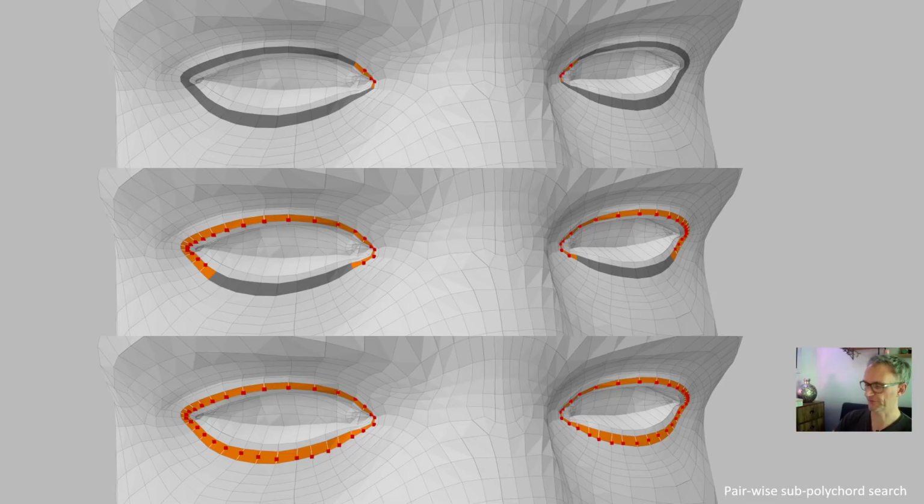So we just generalized our previous algorithm, which was for a single polychord, by just doing the obvious thing and finding first a pair of seed subpolychords of a fixed length, the cheapest area in each of the polychords, and then growing those seed subpolychords incrementally in the same way by adding or removing an edge at either end. And we can do that to both polychords or just the one, whichever produces the best value. And then again, we also consider the solution of just collapsing the entire pair, because that's often a good idea.